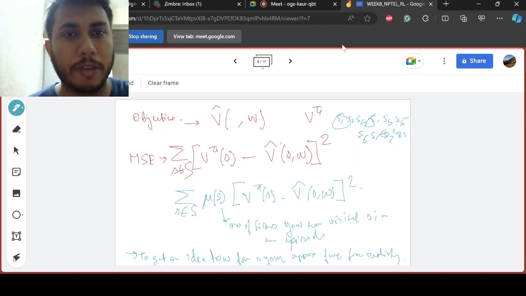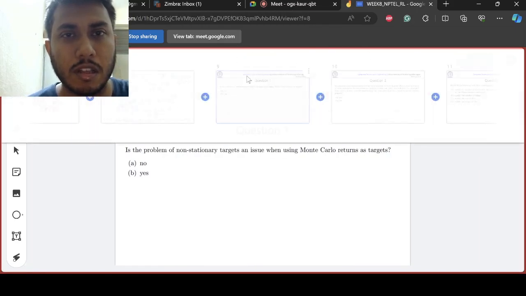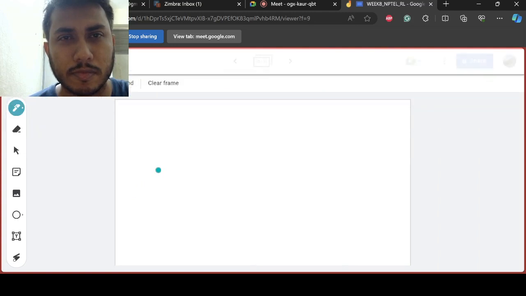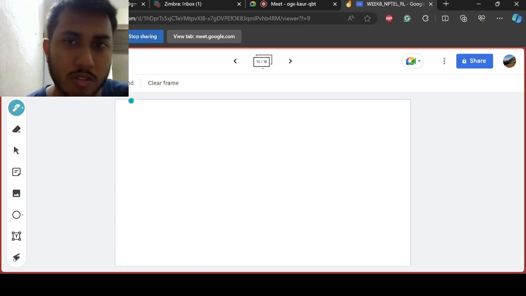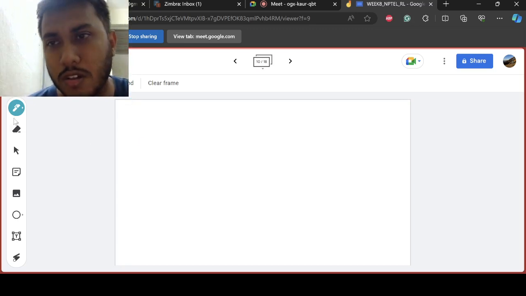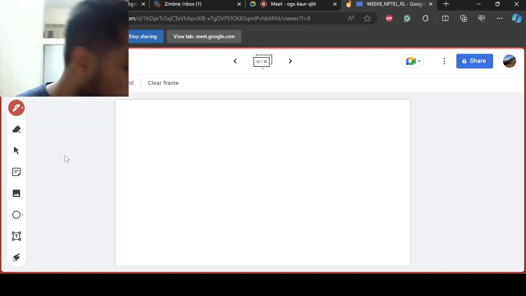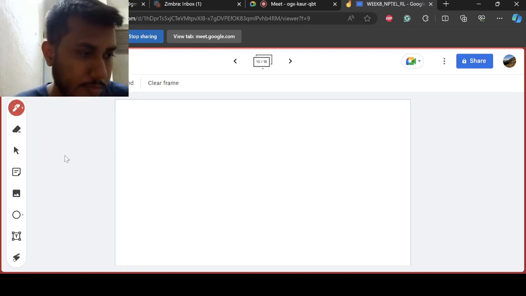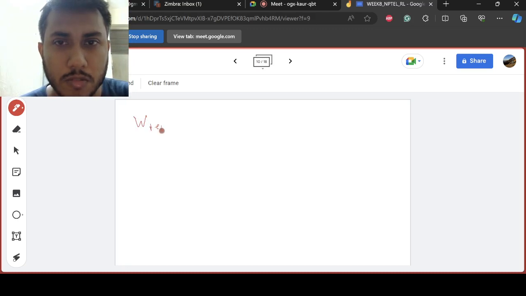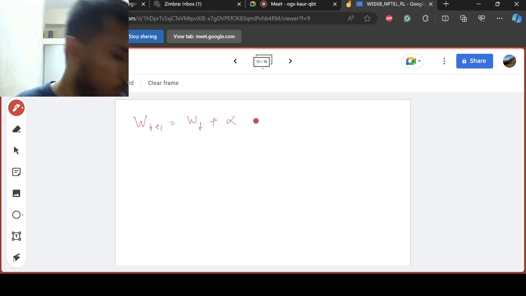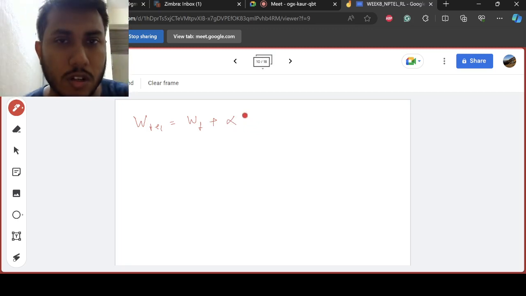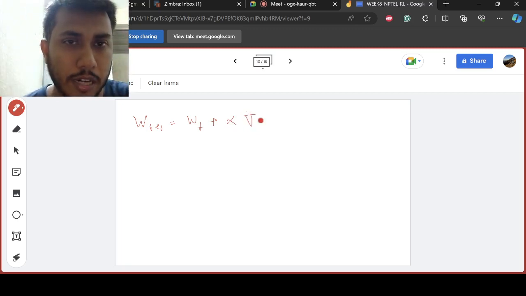Okay, so let's do a backprop here. So your backprop will look something like this. You do your gradient descent. So you will be doing a gradient descent here also. Wt plus 1 is equal to Wt plus alpha, your gradient of your mean square error.